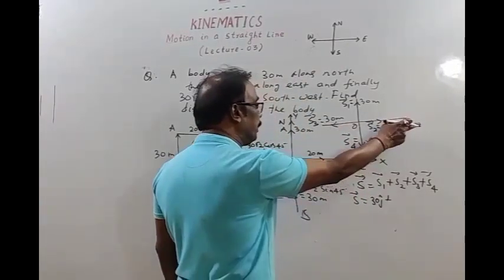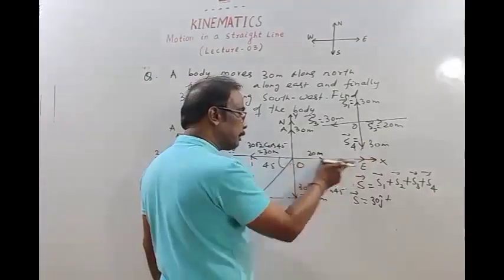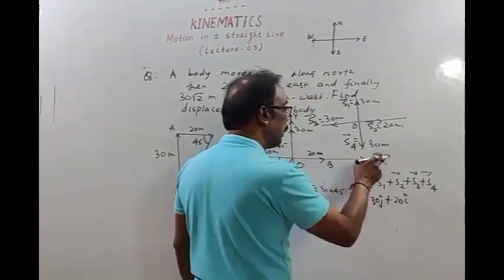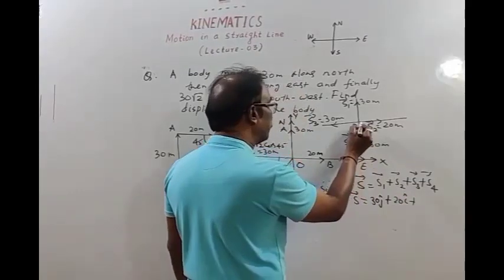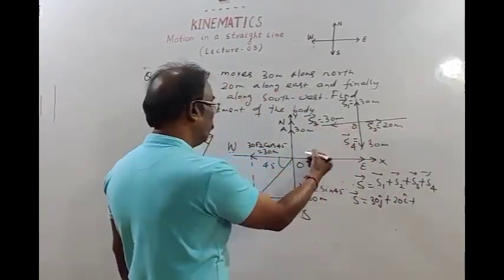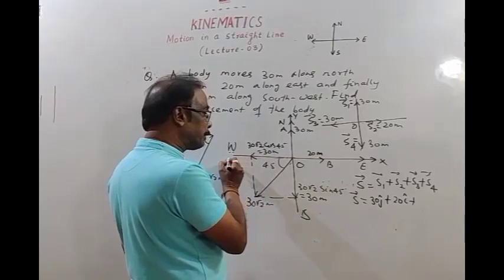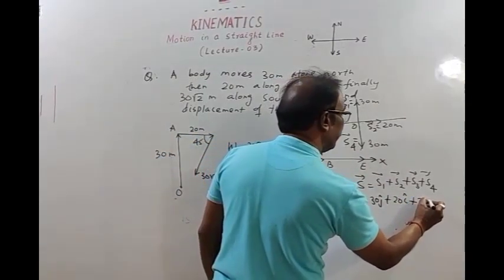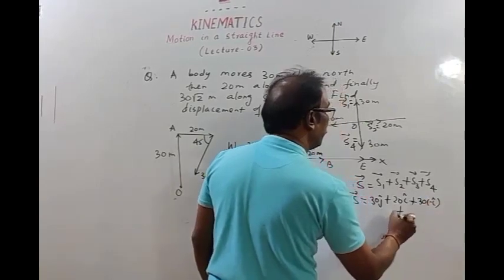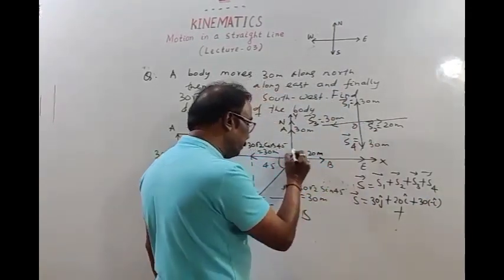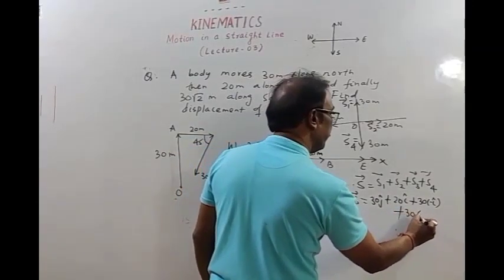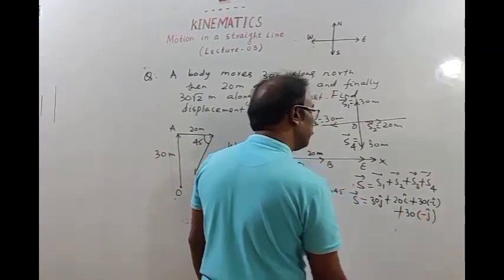S2, 20 meter along east, means along positive x-axis, 20 i cap. S3 is along west, means along negative x-axis, 30 meter into minus i cap. S4 is along south, means along negative y-axis, 30 meter, minus j cap.